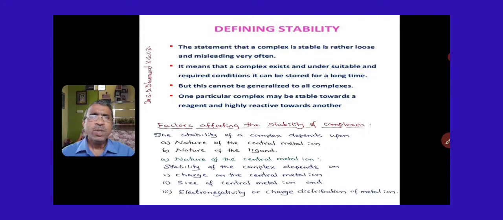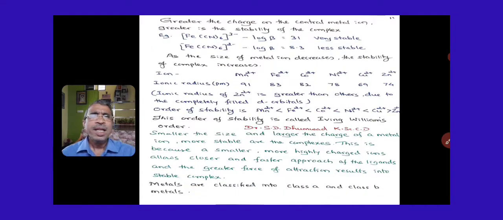The stability of the complex based on the central metal ion depends on the charge on the central metal ion, the size of the central metal ion, and the electronegativity or charge distribution of the metal ion. Let us take some examples. Greater the charge on the central metal ion, greater is the stability of the complex.